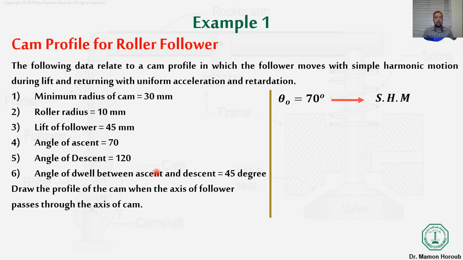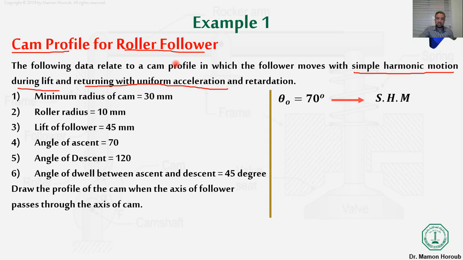So we need to design a cam profile for a roller follower. The following data relate to a cam profile in which the follower moves with, firstly, simple harmonic motion during the lift, which is the outstroke, which is the rise, and returning with uniform acceleration.